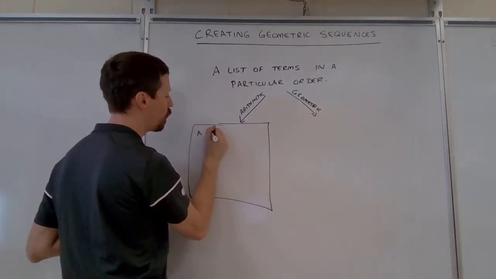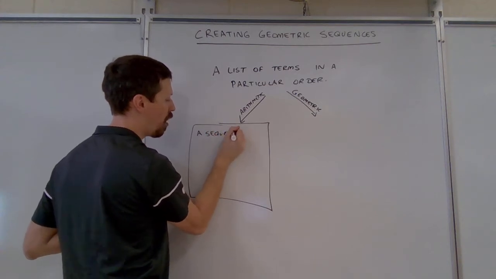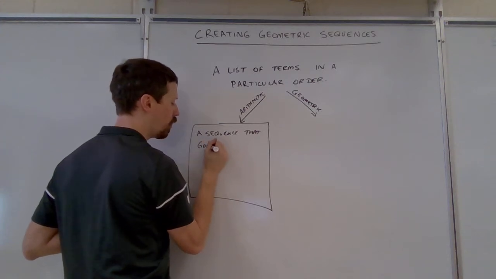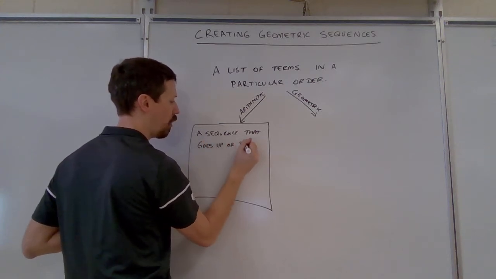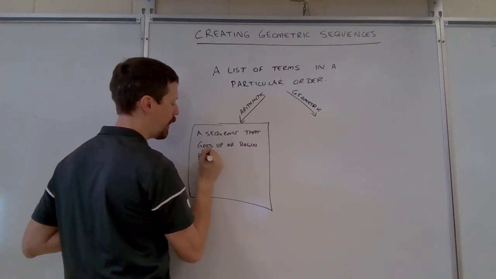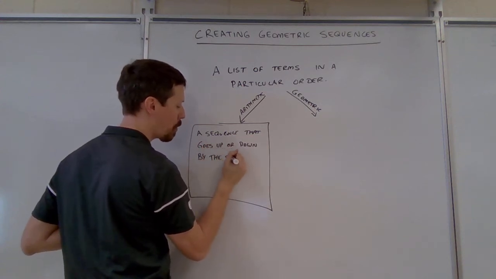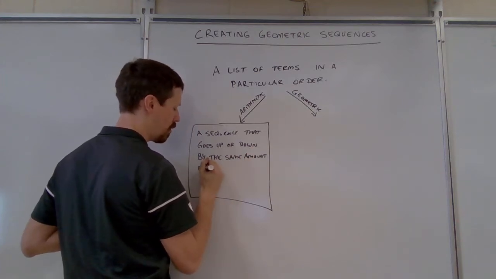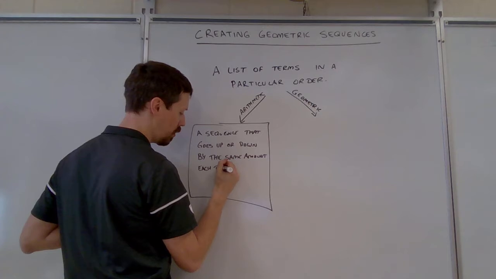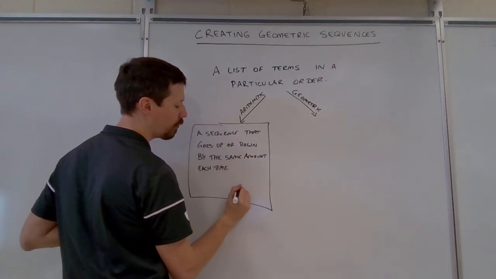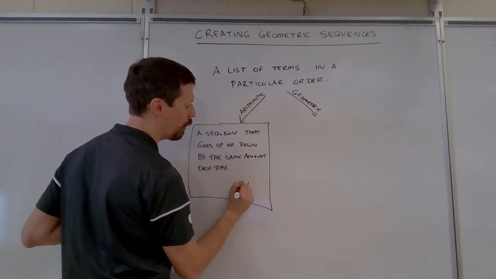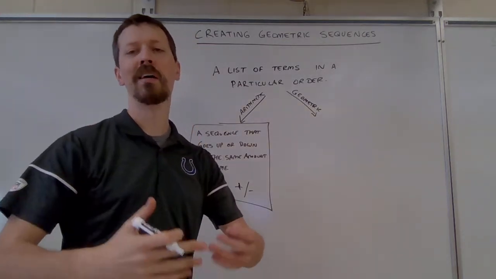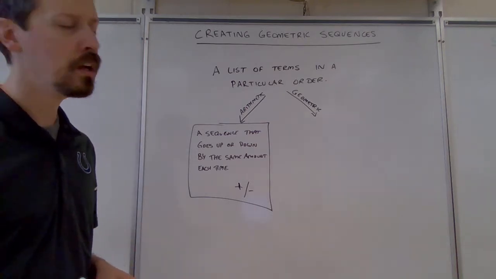Arithmetic is a sequence that goes up or down by the same amount each time. The common difference on these are always going to be plus or minus. So I want you to think of plus or minus. If I go 2, 4, 6, 8, 10, 12, I'm going up by 2 each time. That's going to be an arithmetic.